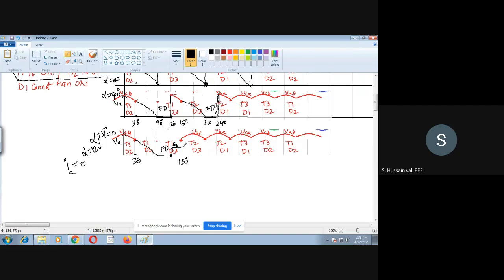Now at 150, once again you trigger another set of thyristor. So it becomes now this. This will continue further.